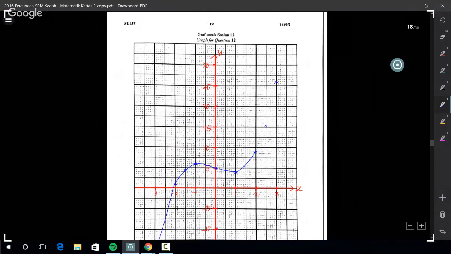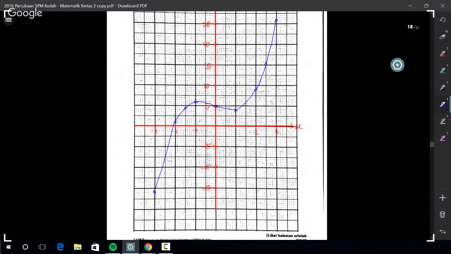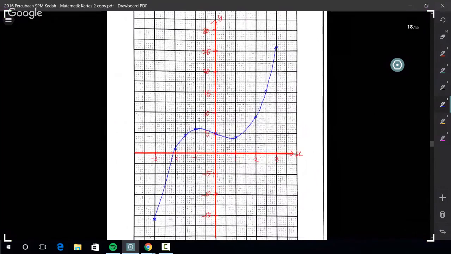This is very terrible. Okay, I just sketch using freehand to sketch this one. So I guess it's not so perfect, but I guess still acceptable.